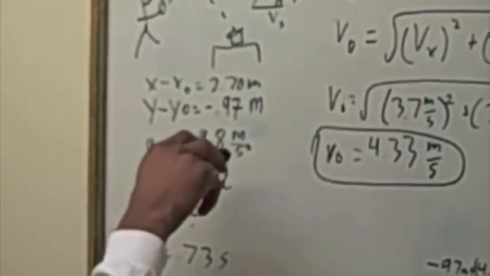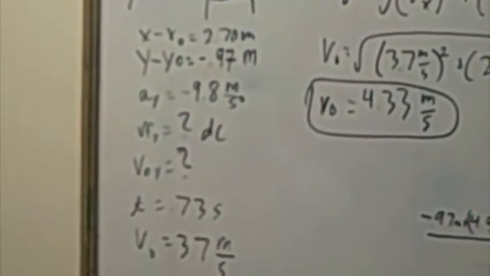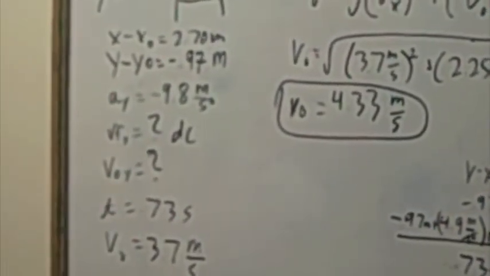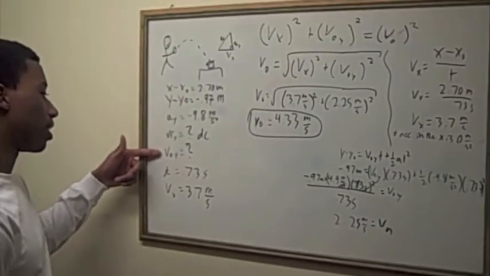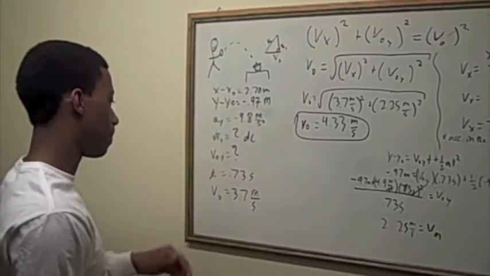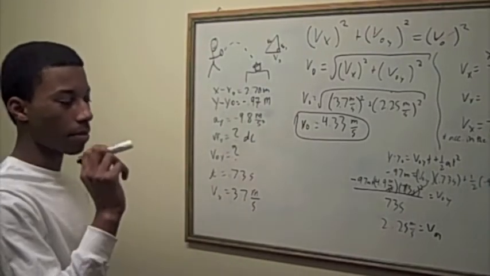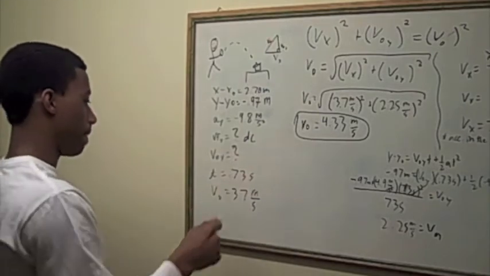The acceleration in the y is negative 9.8 meters per second squared, because only gravity is acting on the ball as the ball travels towards the ground, or towards the cup in this case. We don't know velocity initial in the y, and we don't care about velocity final in the y just yet. The time it took for the ball to travel from the hand to the cup was 0.73 seconds.